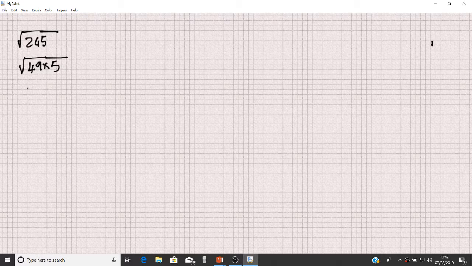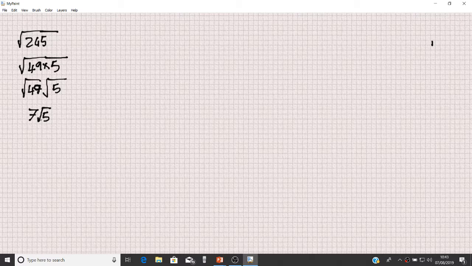We can express root 49 in terms of 7 squared. Root 49 is in fact 7. So the simplest surd form of the square root of 245 is 7 root 5.